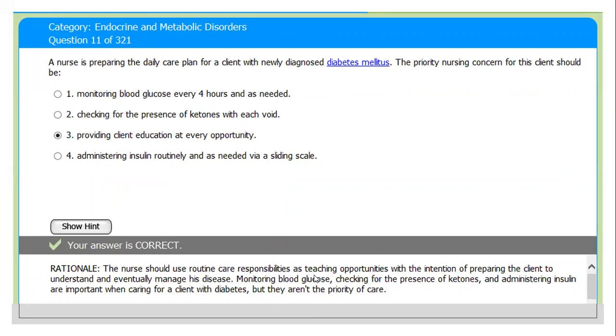Monitoring blood glucose, checking for presence of ketones, and administering insulin are important when caring for a client with diabetes, but they are not the priorities of care, right? So the question asks for the priority of nursing concern for a client who is newly diagnosed.